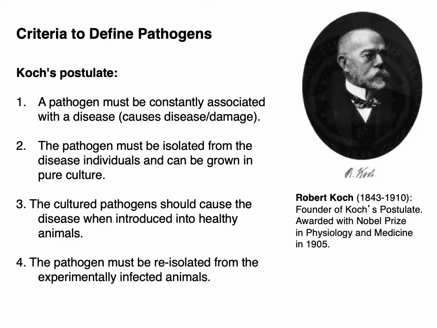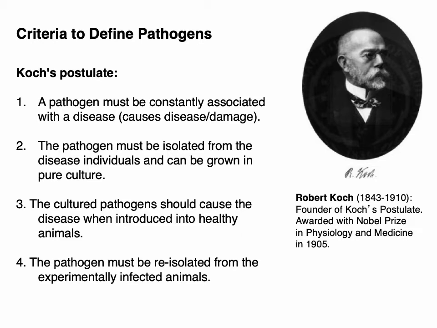So that also brings us to a point that we need to re-mention, and I'm sure you may have learned about this, the famous Koch's postulate. This was put forward by a very famous doctor and scientist, Robert Koch. The picture of him is shown on the right here.